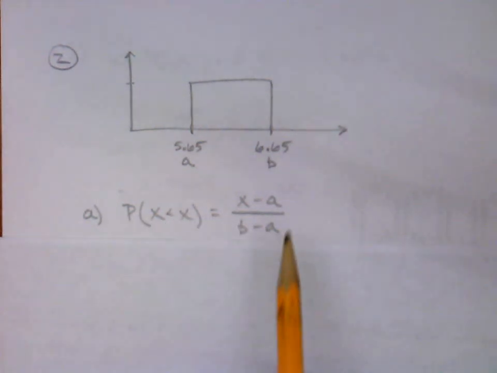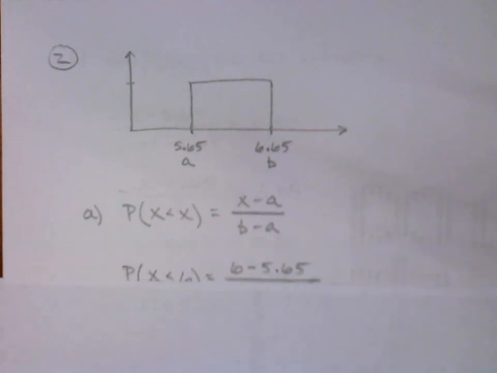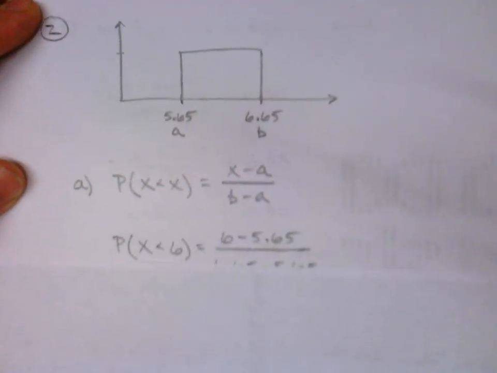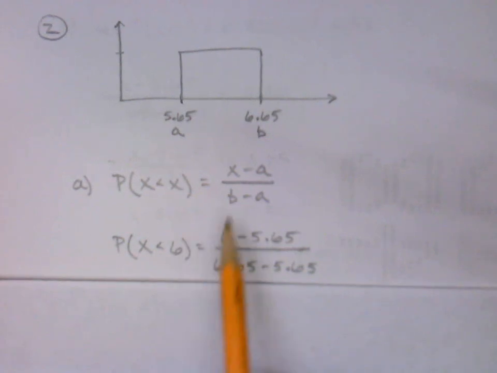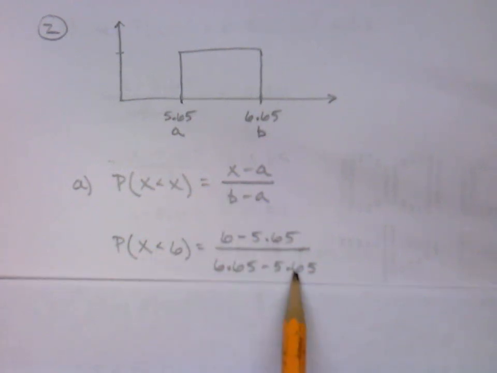Here it is, and we can plug in our A and our B. In this problem, they're asking the chances that somebody is less than 6 years old. Capital X is less than 6. That goes in for our x, and our A goes in both these places and the B there.